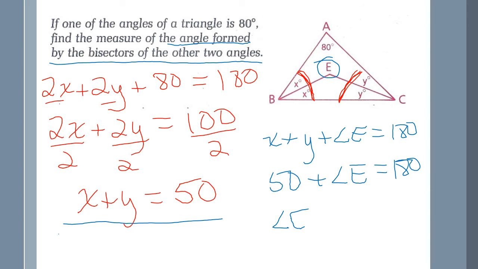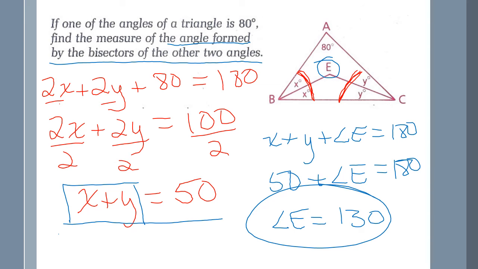Therefore, angle E equals 130. Okay? Watch this again if you have to. But basically, that's what we do to solve this. We solve the big triangle, we get this figured out, and then we just take this idea and substitute right there, and then solve.